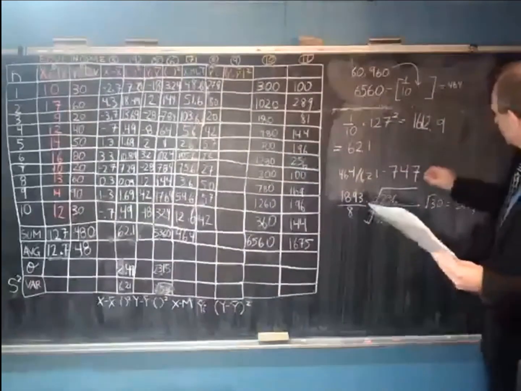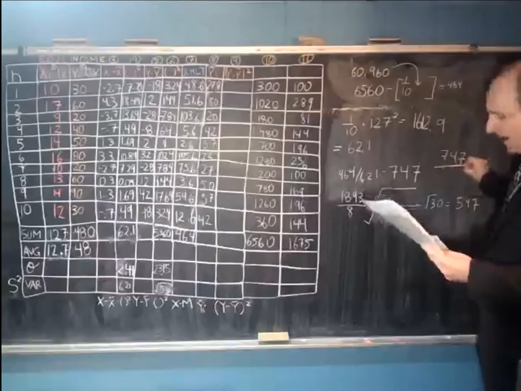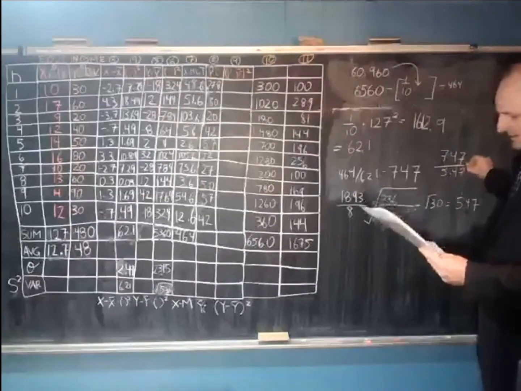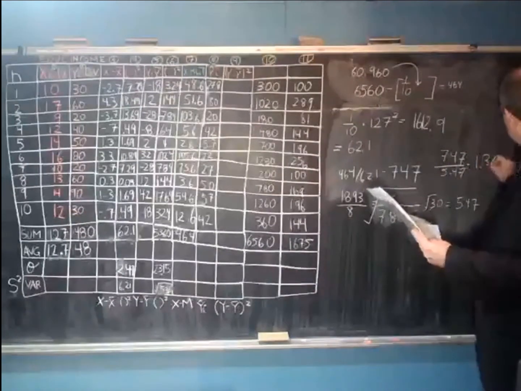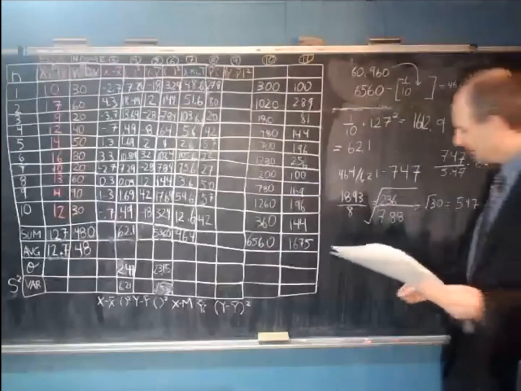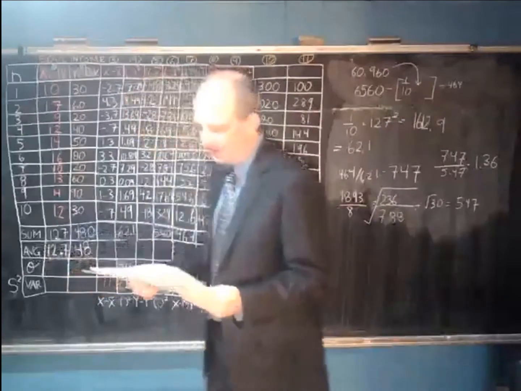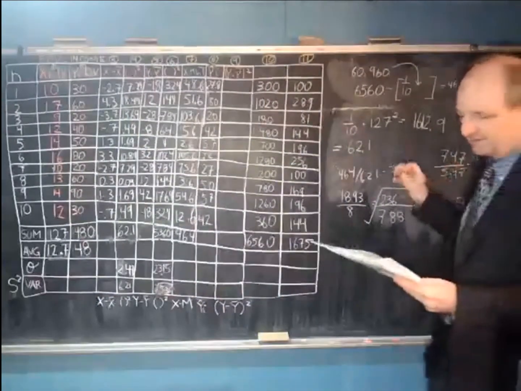So it's going to be 7.47 divided by 5.47, and this number is going to be 1.36. Okay, so what are we going to do with this number? This is the critical t-statistic that we just generated.